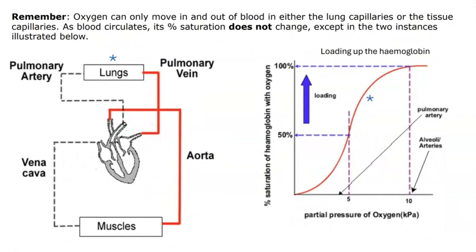When considering the process of gas exchange and the oxygen dissociation curve, we need to return to the circulation for a moment and recall that when blood passes from the heart to a tissue, so that's here in the aorta and here in the pulmonary artery, there is no exchange of its contents either out or into the blood, and that is equally true of the vein systems which exist.